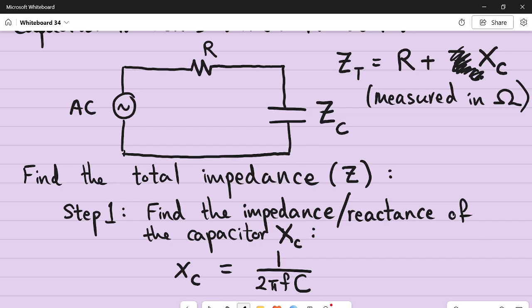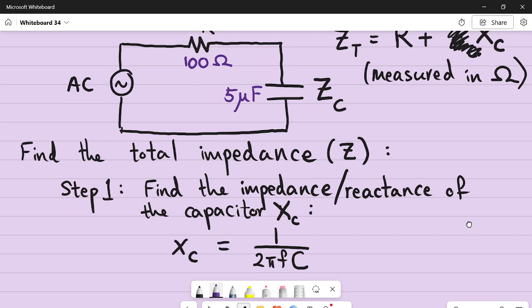So can I just put some numbers in there? I'm going to use a purple pen and then put, let's say 100 ohm here. And this capacitor, let's call that 5 microfarad. So that means, what is the frequency of an AC coming out of a socket?